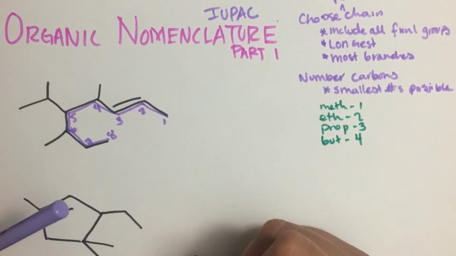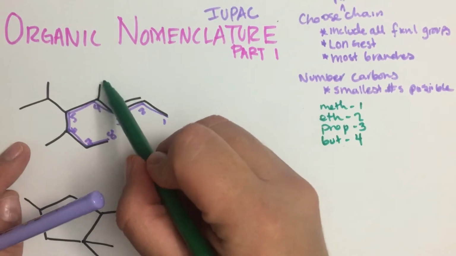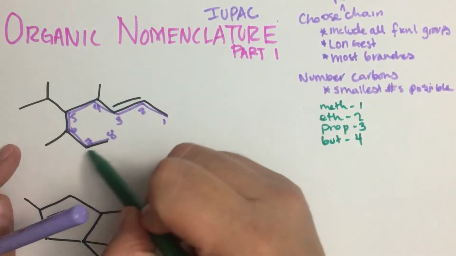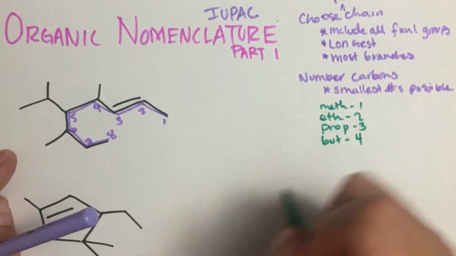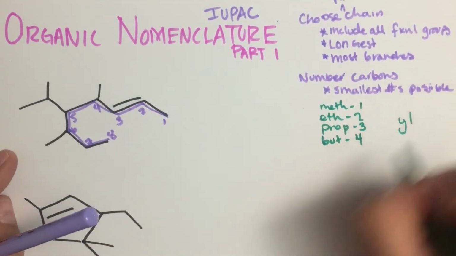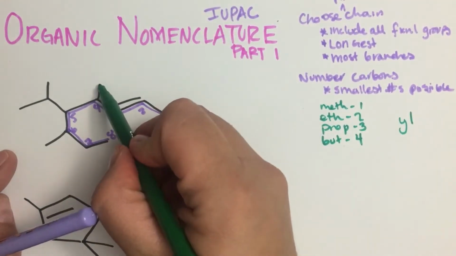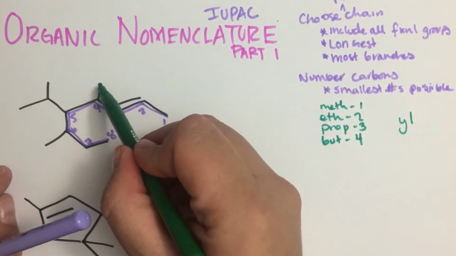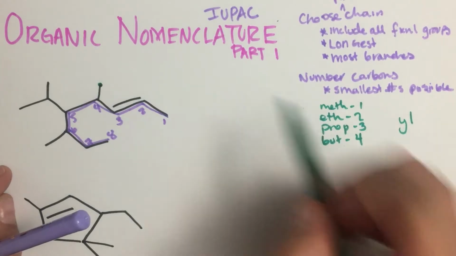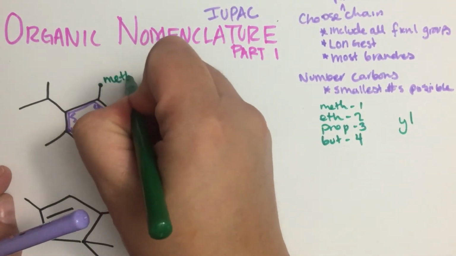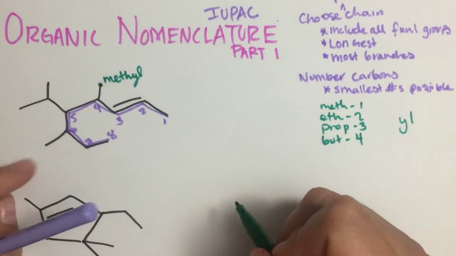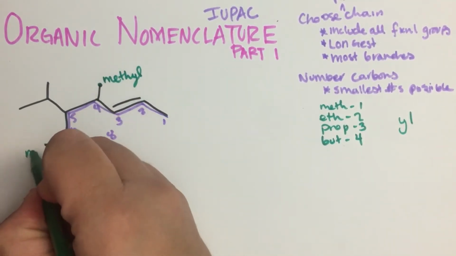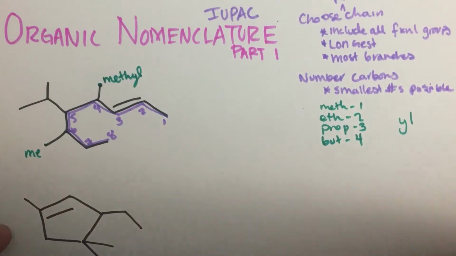So let's name our substituents. Since we're talking about alkyl groups, which are just ramifications that come out of a parent chain, we're going to use the ending YL. Okay, so for example, here we have a 1 carbon long chain extending from our parent chain, so we're going to call it methyl. In this case, we have another one that looks identical to that, so this is going to be another methyl.